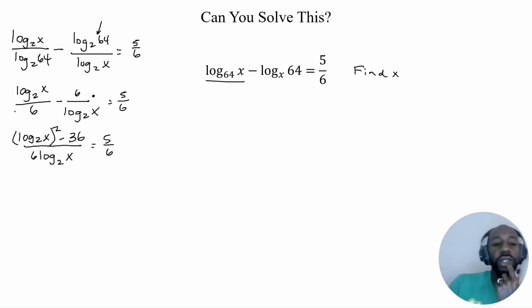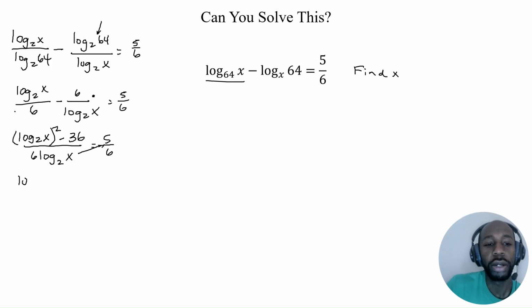Now let's look at this. Let me see if that's what I want to do. Oh, no, sorry. I'm just trying to remember what I did. So let's get this out of the denominator. We're going to cross multiply, or at least we're just going to multiply this by this over here.